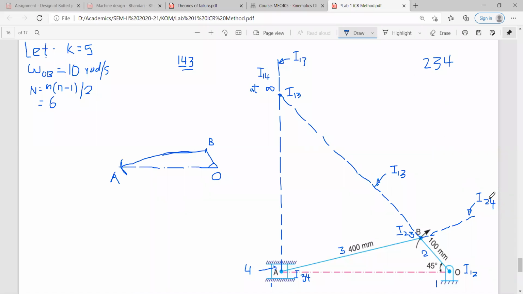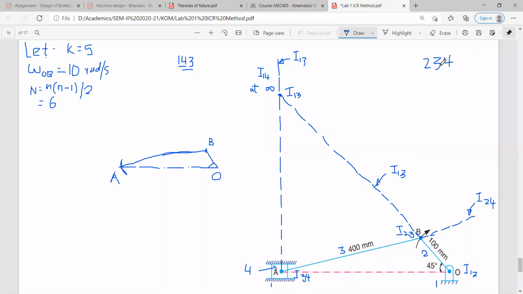सिमिलरली I24 के लिए हम दूसरा लिंक 2 और 4 को सेम रखेंगे यहाँ पे, और लिंक 3 को चेंज करेंगे, so that we get another line for I24. Okay.